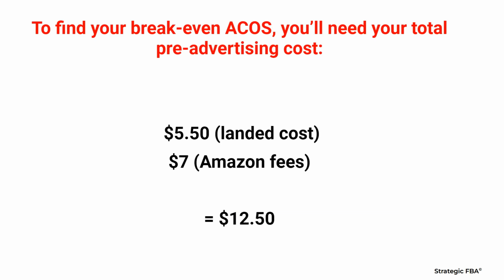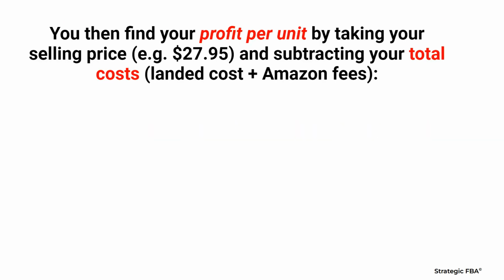So if your landed cost, which is the cost to bring your product to Amazon, which is your cost of goods and your shipping cost, is $5.50, and your total Amazon fees is $7, then your total cost is $12.50. You then find your profit per unit by taking your selling price.